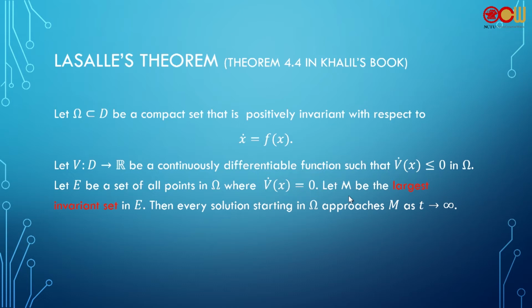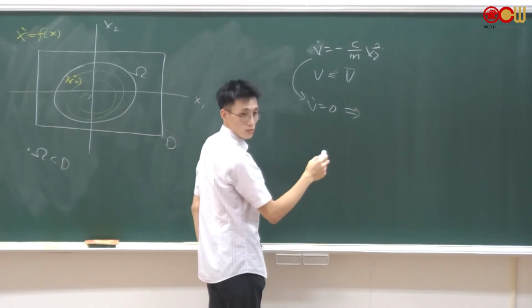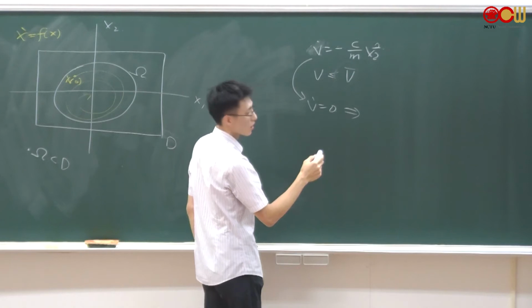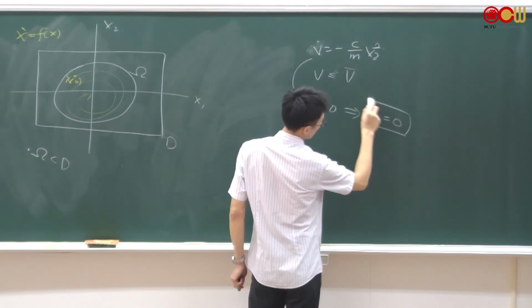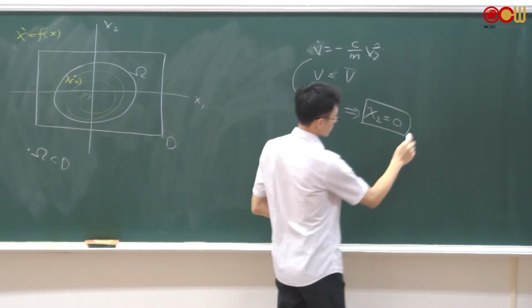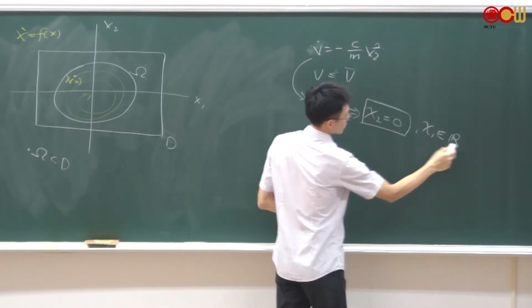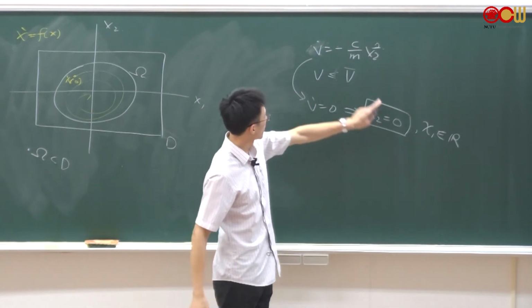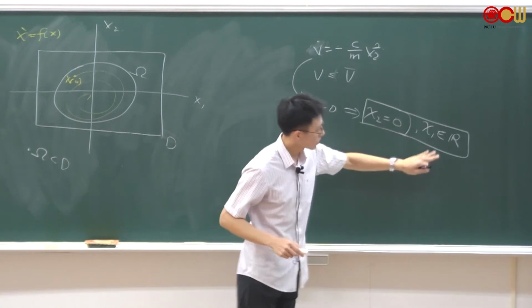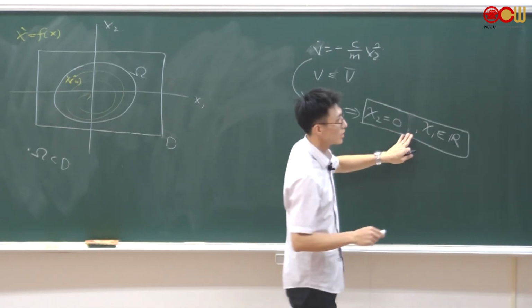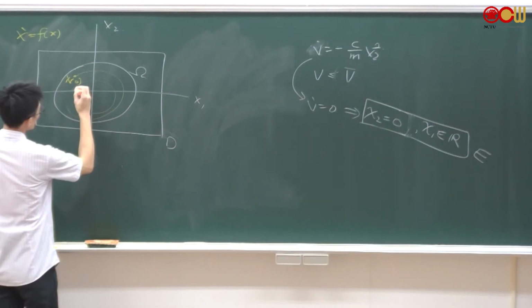So in this case, what does V dot equal to 0 mean? x2 is 0. And how about x1? A real number, right? Because any x1 doesn't change V dot equal to 0. For this set, we say it's E. We say E is here.